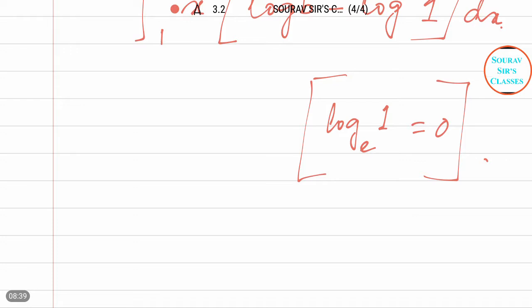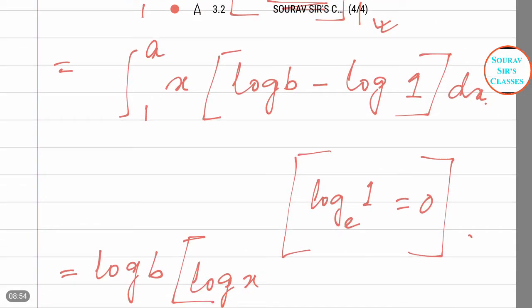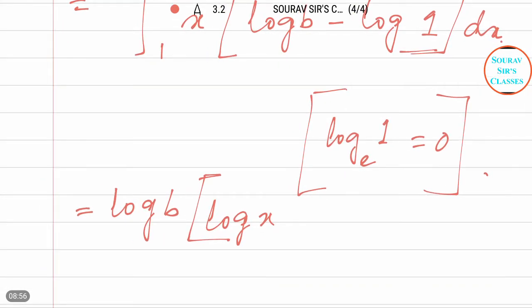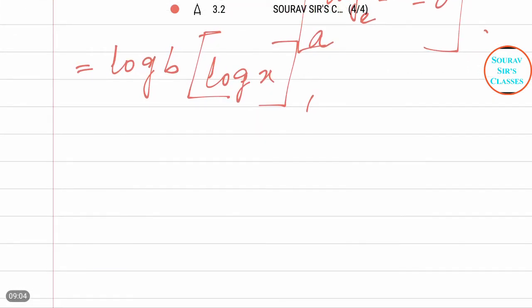So from this again we can write log b that we have taken out, and here log x, and the limit is 1 to a. Now we will put the value of x as a and 1.